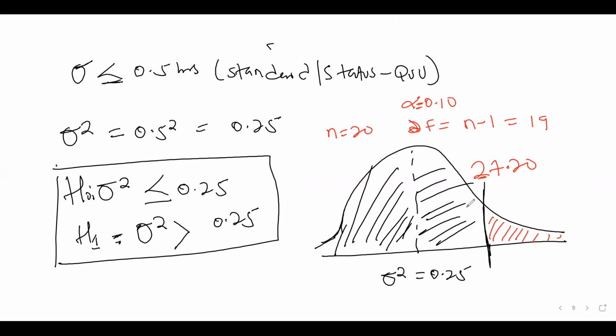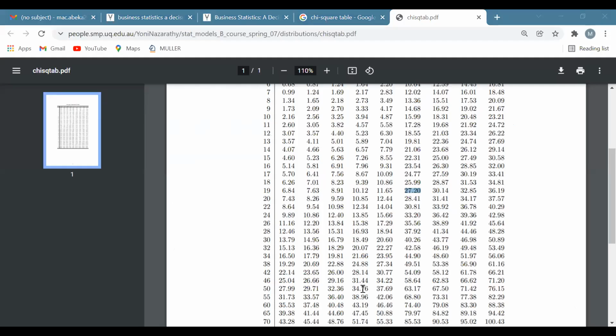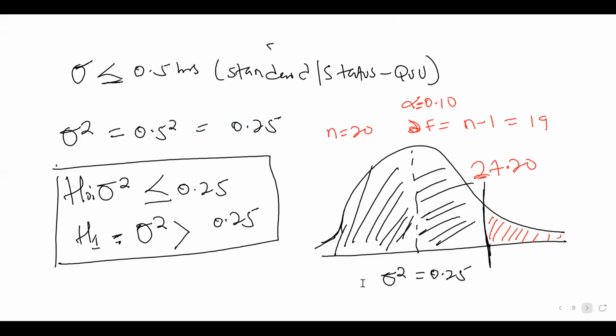Now we are going to apply our formula and then compute our own chi-square. Then we will see whether it falls into the acceptance region or the rejection region, all right?